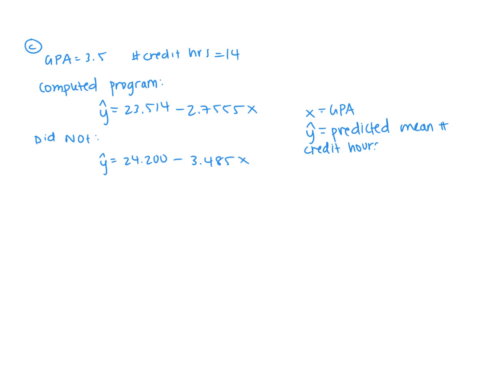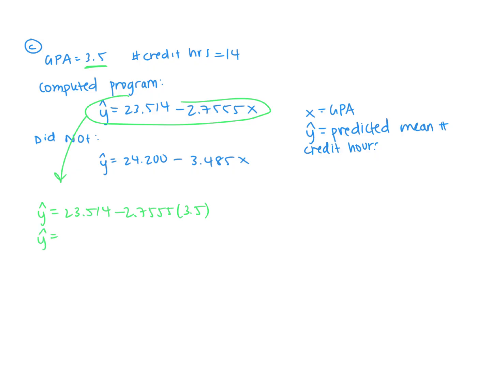Okay, we good on the models so far? So here's what we're going to do. We are first going to take this model and plug in a GPA of 3.5. So we get 23.514, subtract 2.7555 times 3.5, which gives us a y hat of 13.87, about.